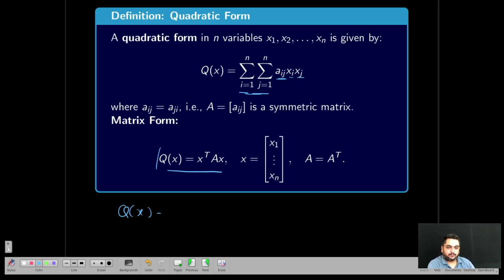Q of x is equal to x transpose A x, where x is a vector of the variables, x1, x2 up to xn. I'm taking the quadratic form of these variables with A as a symmetric matrix, so A is equal to A transpose. This is a standard form.